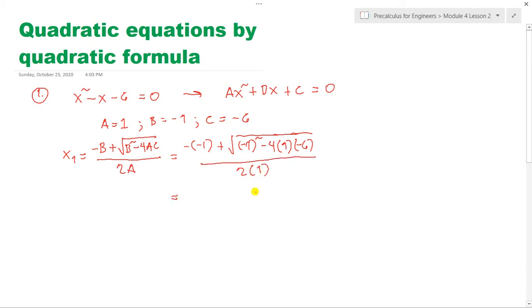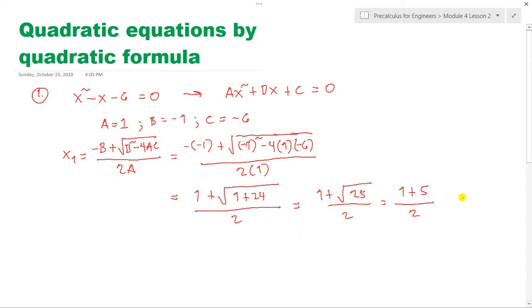So this would be equal to positive 1 plus square root of 1 minus 4 times negative 6, so it becomes 1 plus 24, all over 2. So this will be equal to 1 plus square root of 25 all over 2. So we now have 1 plus 5, because only the principal root is needed. 1 plus 5 all over 2. So 5 plus 1 is 6, so that is 6 all over 2, which is equal to 3. So therefore this is our first root or solution.